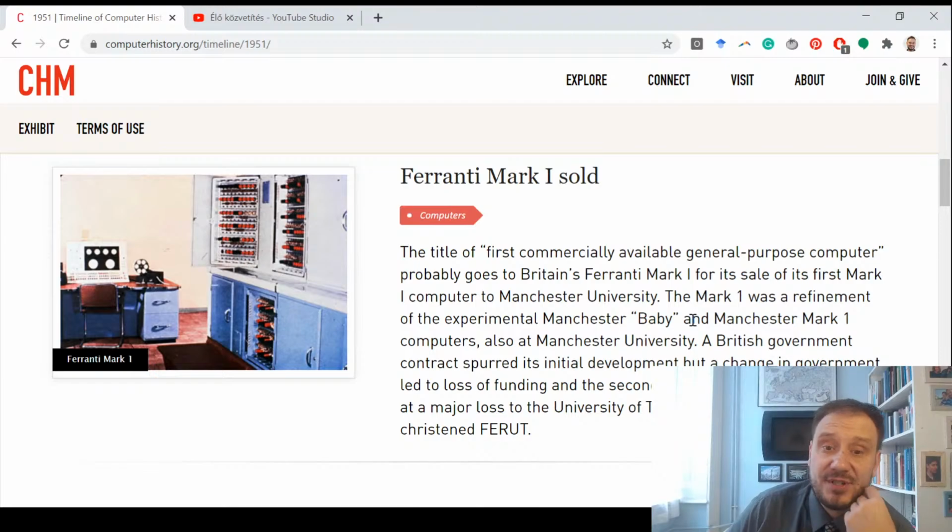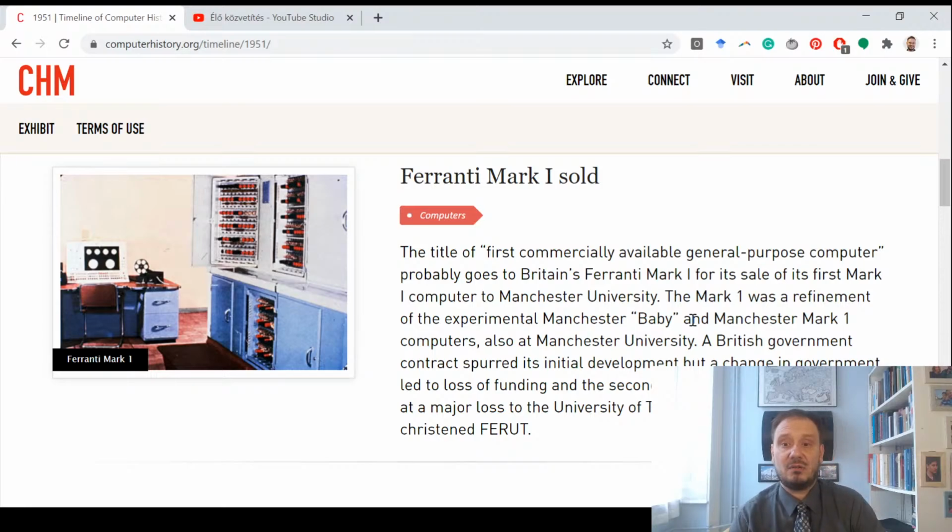The first commercial computer available for general purposes was Britain's Ferranti Mark I, and this was a refinement of the experimental Manchester Baby. A British government contract spurred its initial development, but the change in government led to a loss of funding.